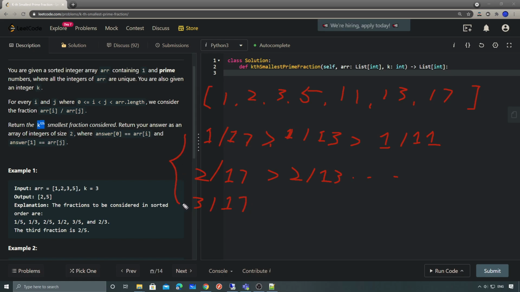So now, as you can see, we have a sorted array already, right? Because at each index, we're using the number on that index as the first element, and then we simply move to the left side. We start from the end, because that will be the smallest one, right?